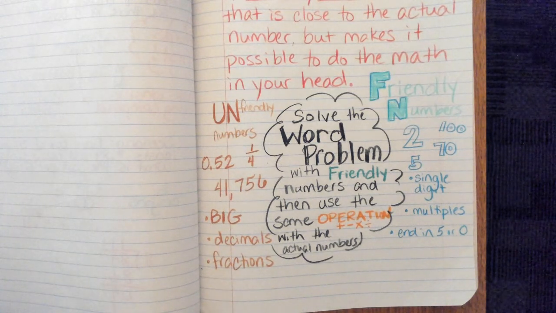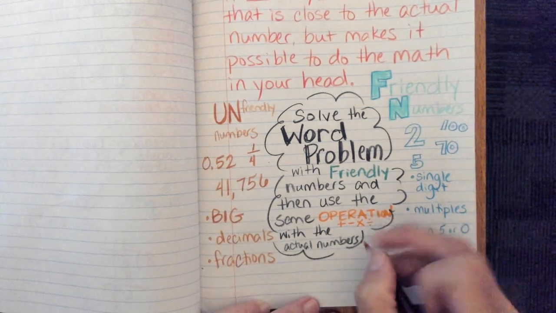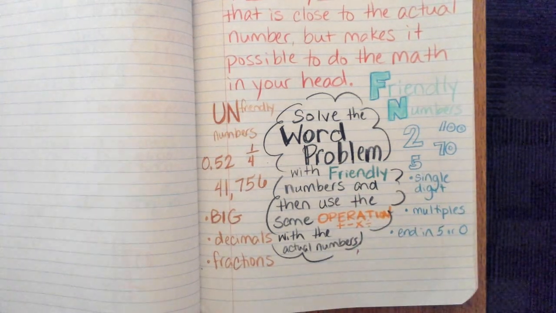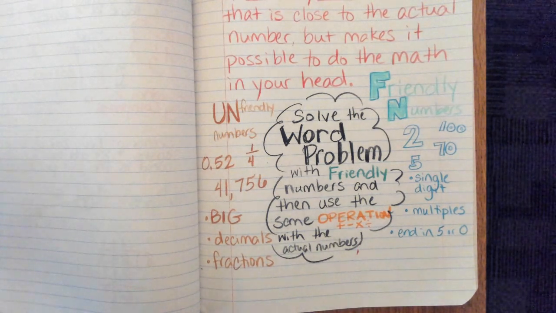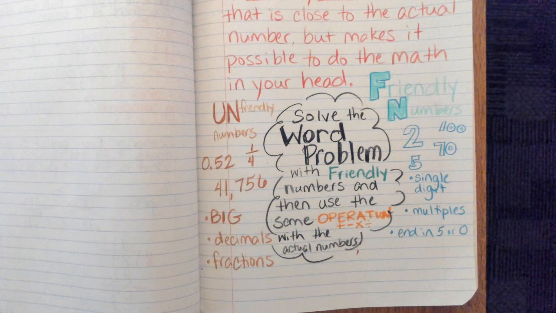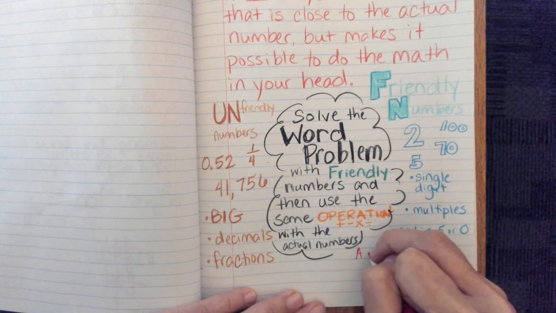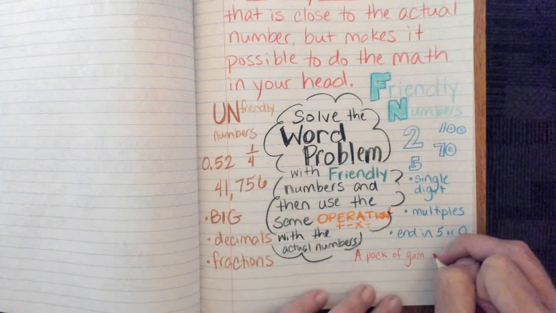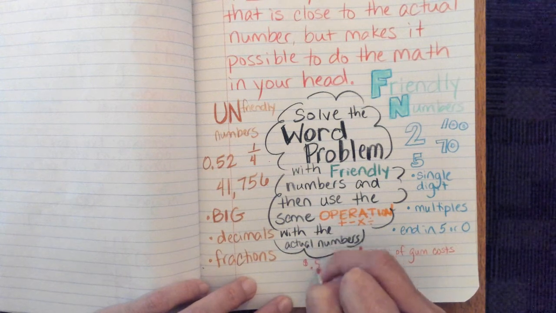So let's say a pack of gum costs 89 cents.